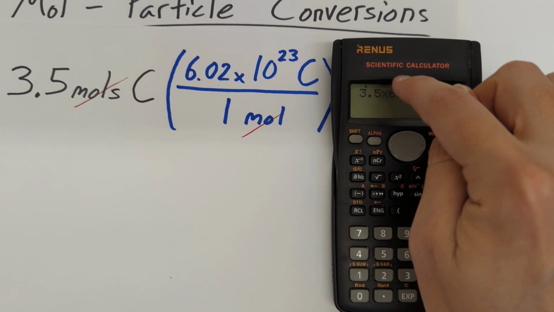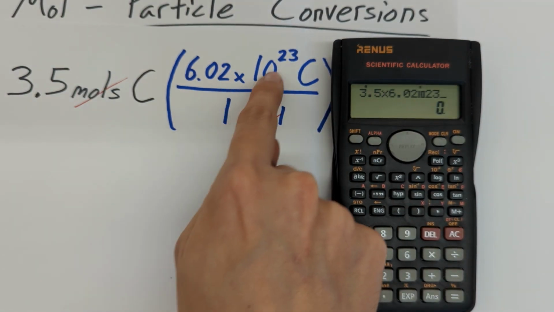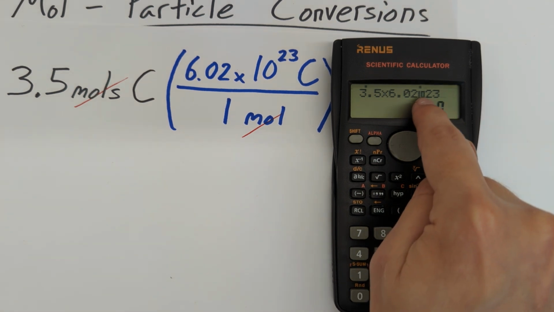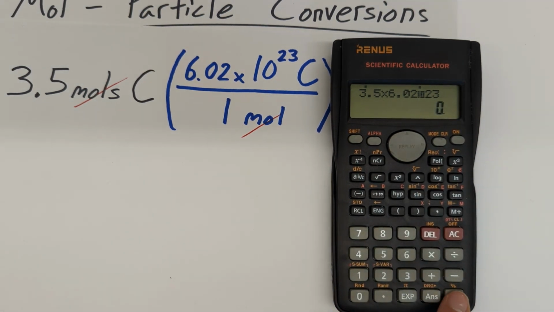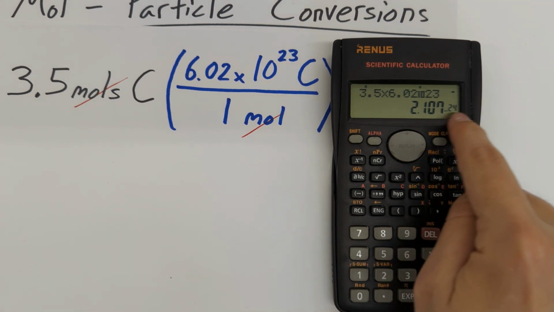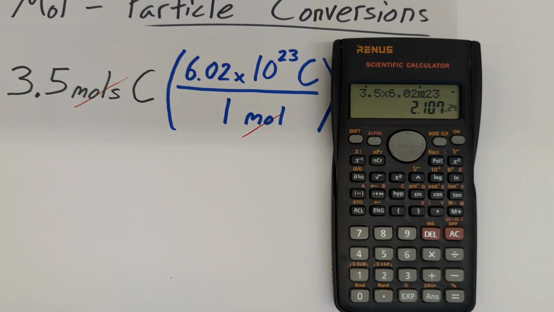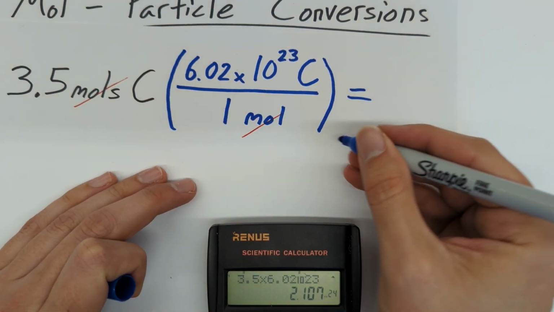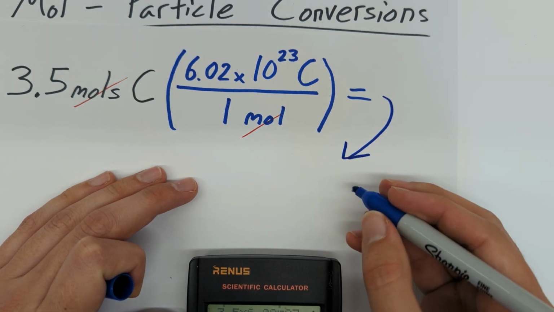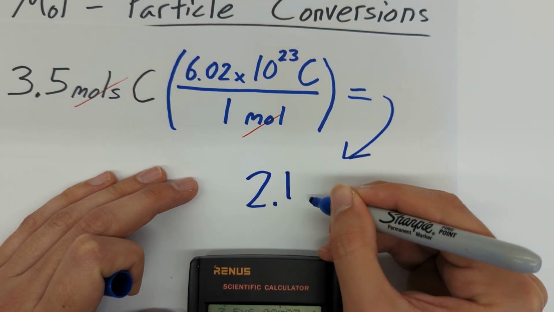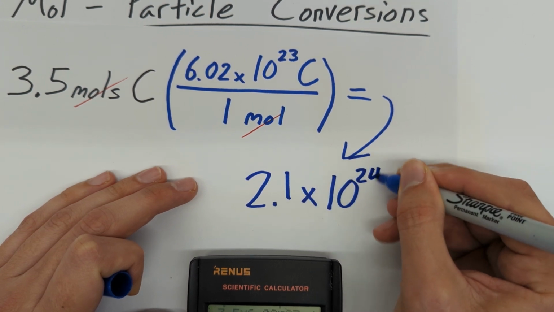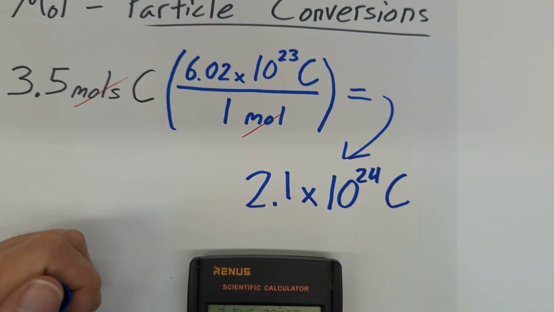What I really want you to notice is I never had to push times 10 to the power of. I just push shift log, and I got that little 10 right there. So from here, we push equals, and that would be our answer. We have about 2.1 times 10 to the 24 atoms of carbon.